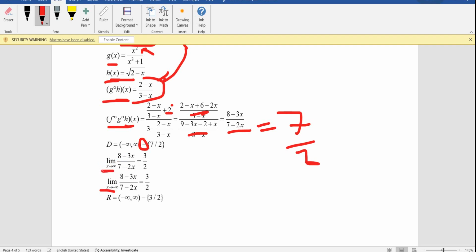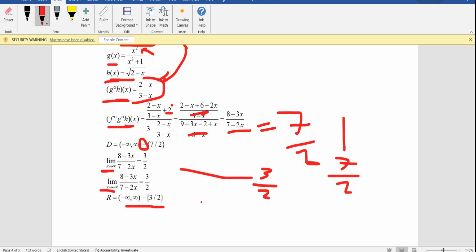As you see, the vertical asymptote is at 7 divided by 2, and the horizontal asymptote is going to be 3 by 2. So the range is from minus infinity to infinity without 3 divided by 2, because it's the horizontal asymptote.